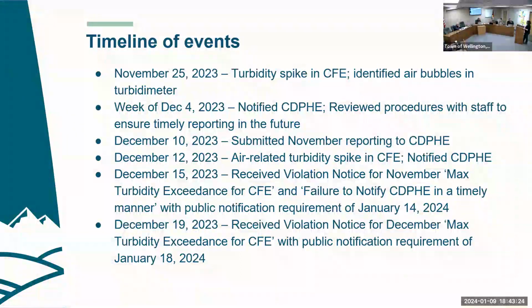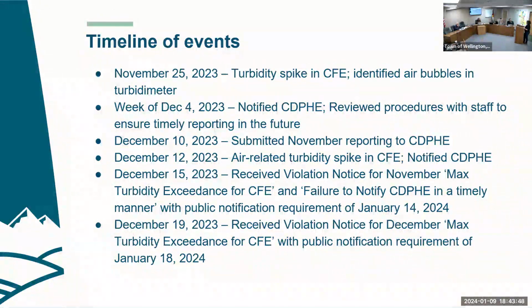Now the week of December 4th, a little over a week later, we notified CDPHE at that time. When you have an elevated turbidity level over a 1.0 nephelometric turbidity unit, you are required to notify CDPHE within 24 hours.